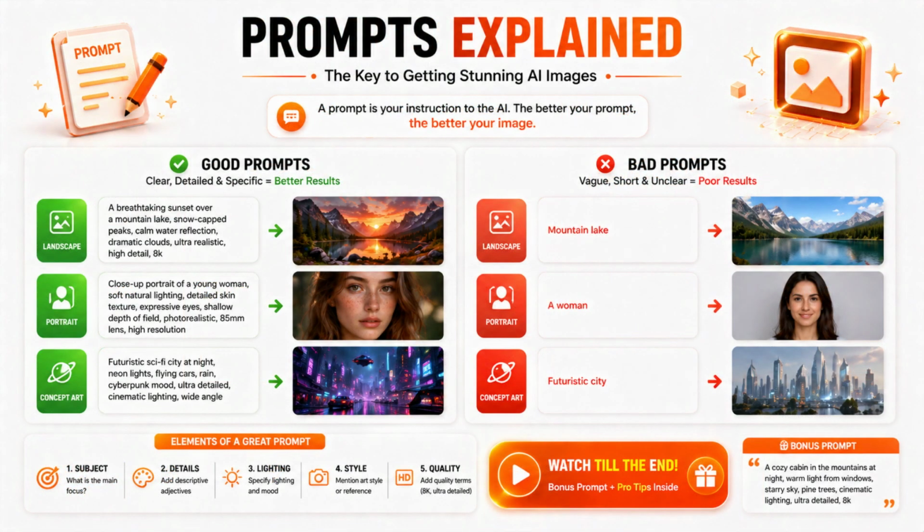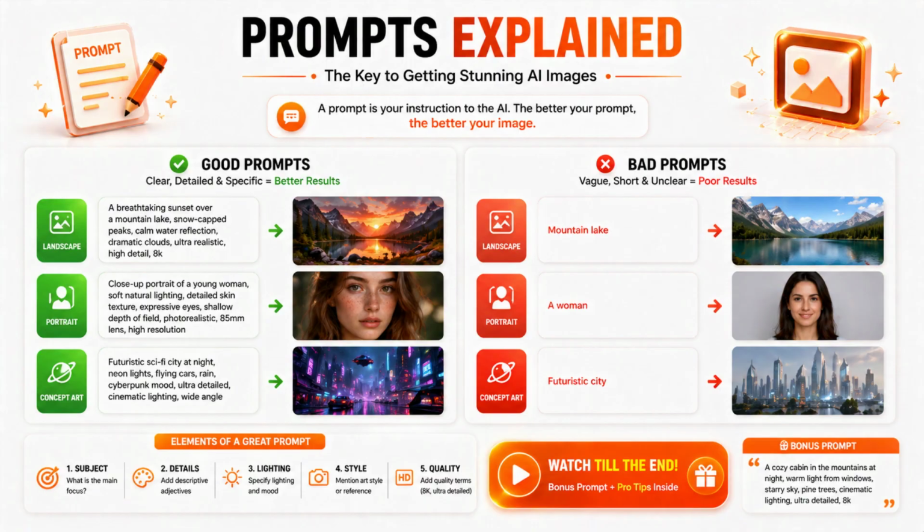Now, let's understand the most important skill used for image generation, that is called the prompt. The difference between an average image and a stunning one is how you ask, because of this thing known as a prompt. A prompt is simply your instruction to the AI. You are not just typing, you are directing the AI like a creative brief.